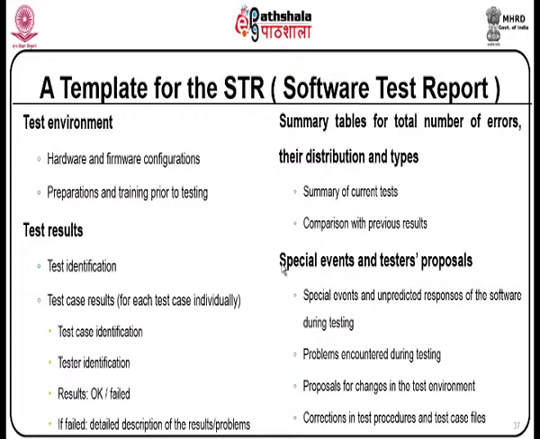Summary of current tests, comparison with previous results. Special events and testers' proposals: special events and unpredicted responses of the software during testing, problems encountered during testing, proposals for changes in the test environment, corrections in test procedures and test case files.